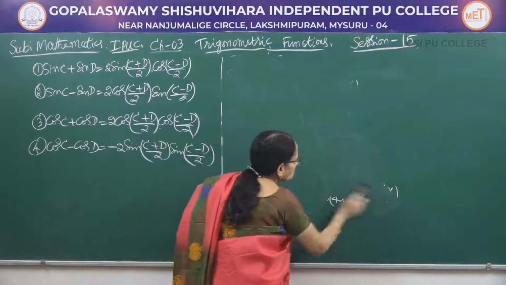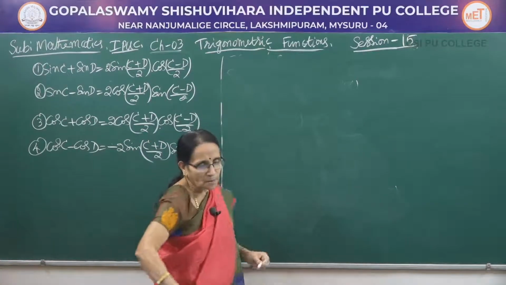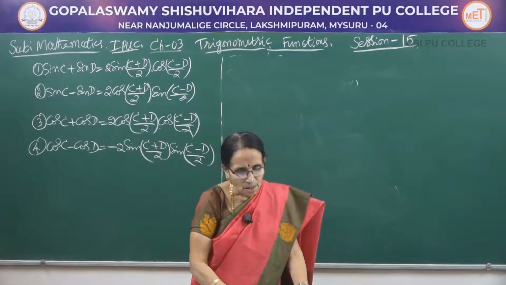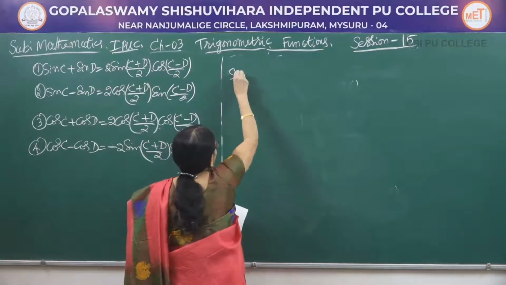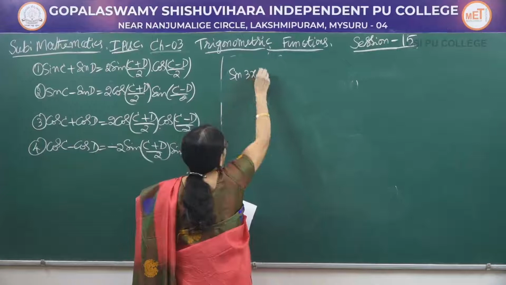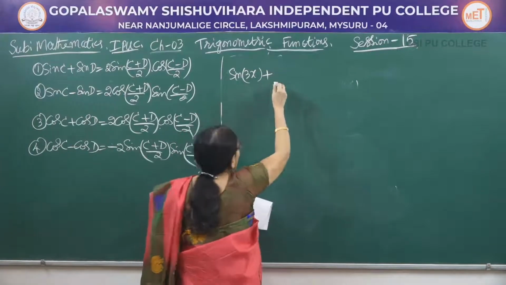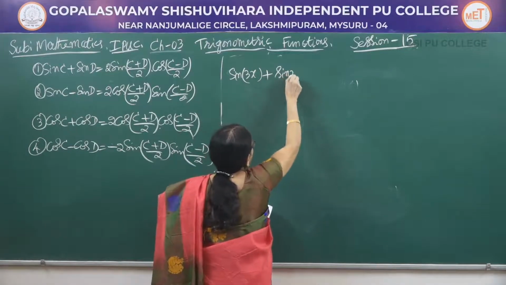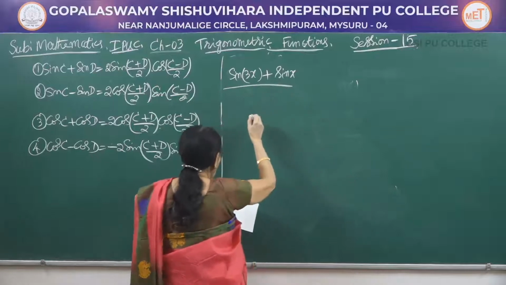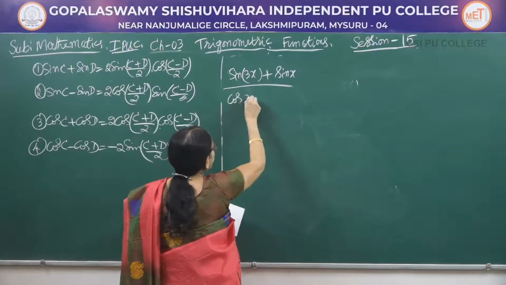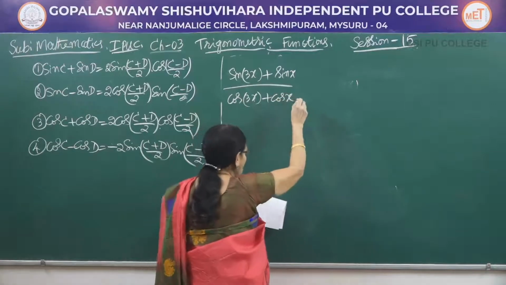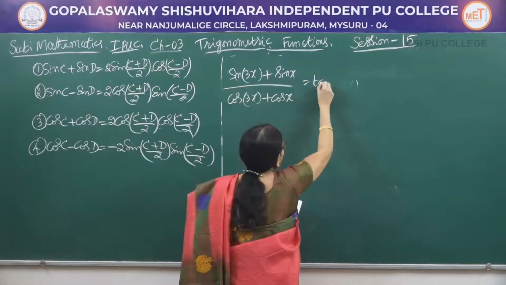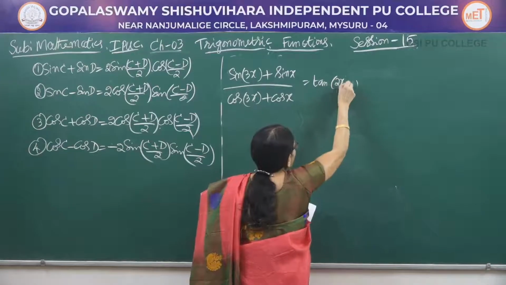In the next problem, I am having the functions sin of 3x plus sin x divided by cos of 3x plus cos x, that's equal to tan of 2x.